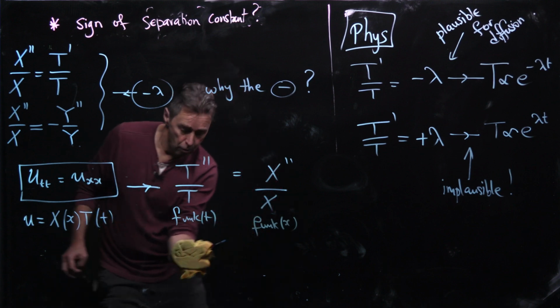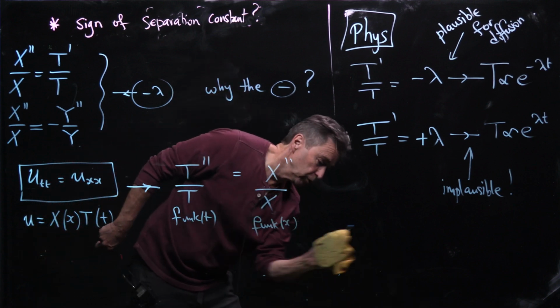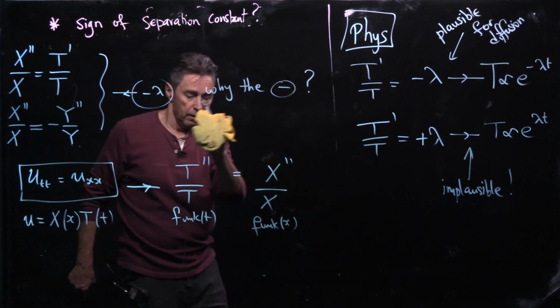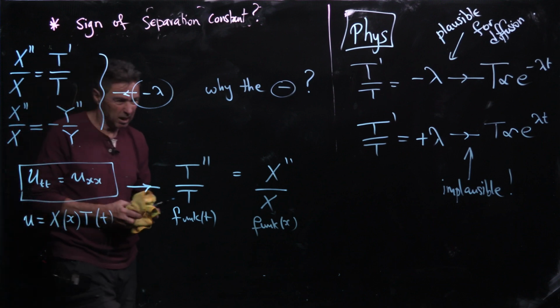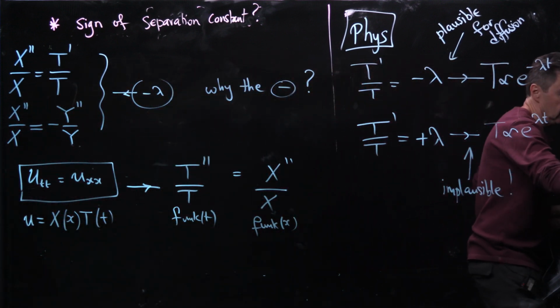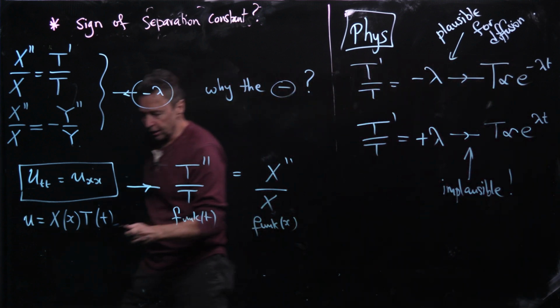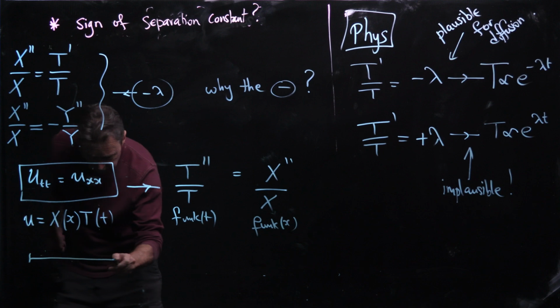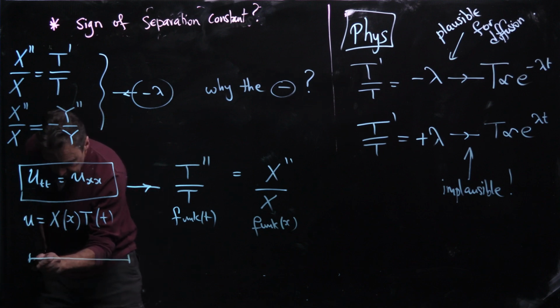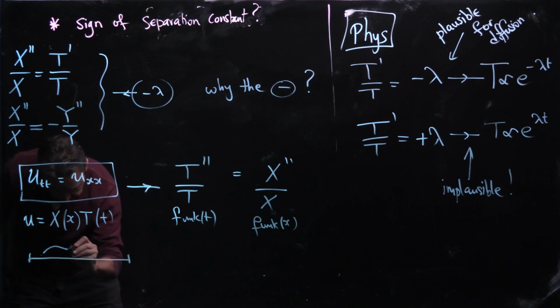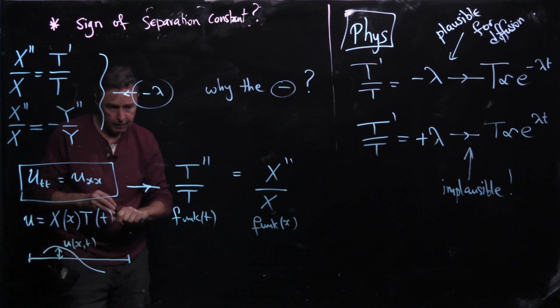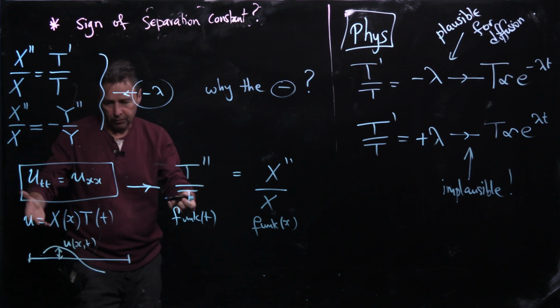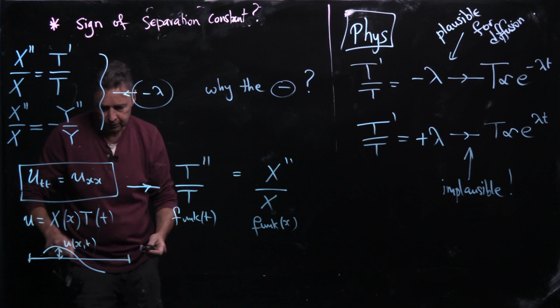Now, what problem would you be typically solving with the wave equation? Well, we'd be given this, but then we'd be given those other conditions. And let's imagine that we've got a stretched string, a guitar string, and U is the deflection. All right, so this is U of X and T. That's what we're searching for. So we would be providing 2 initial conditions because there are 2 time derivatives.